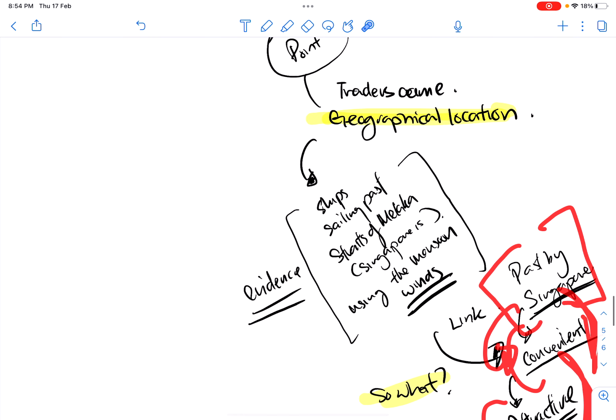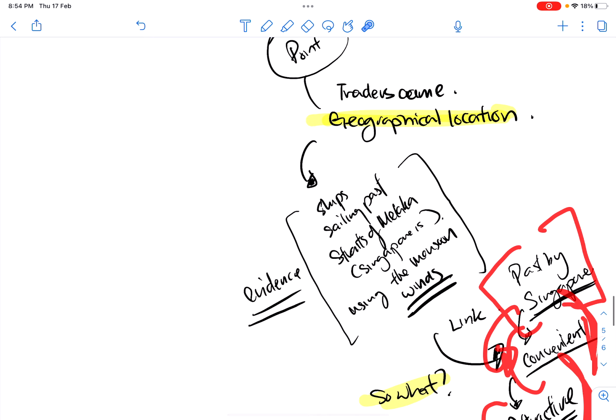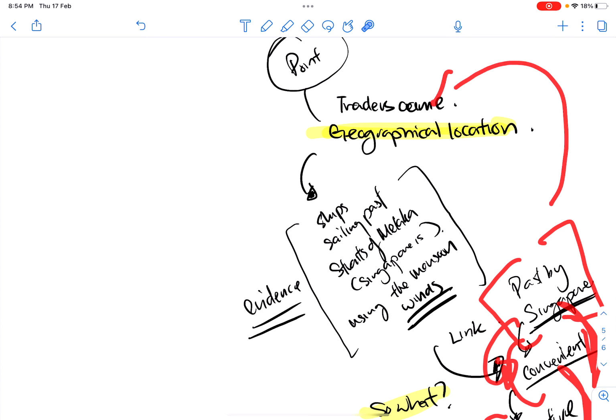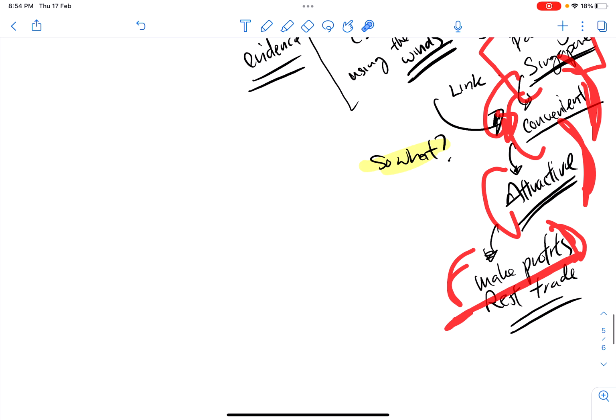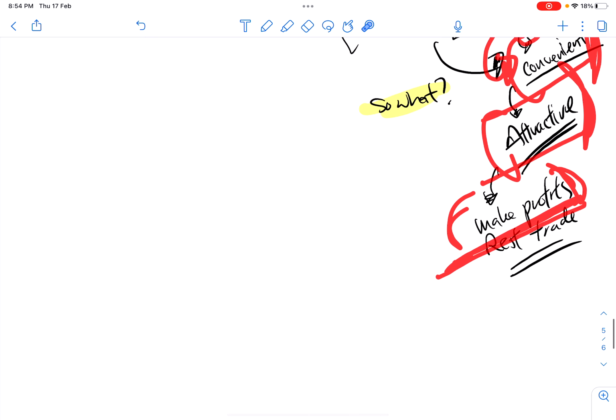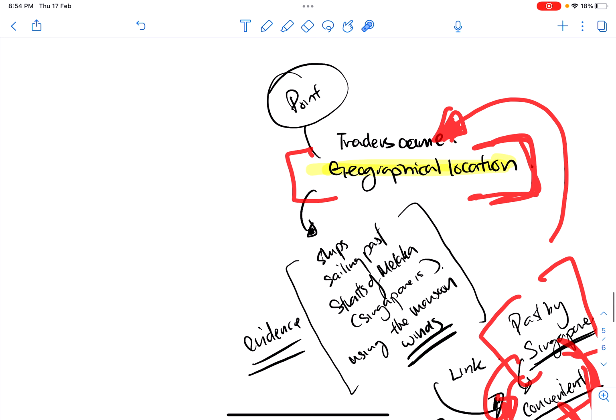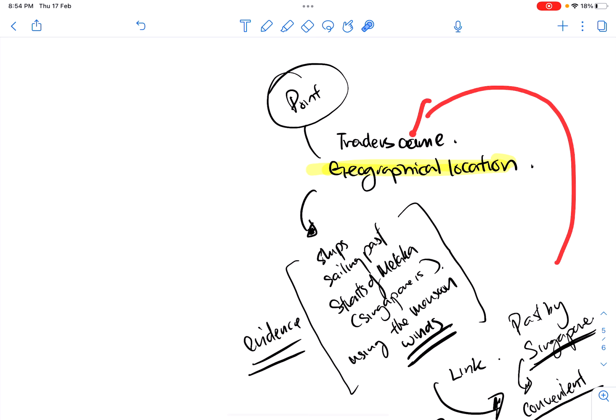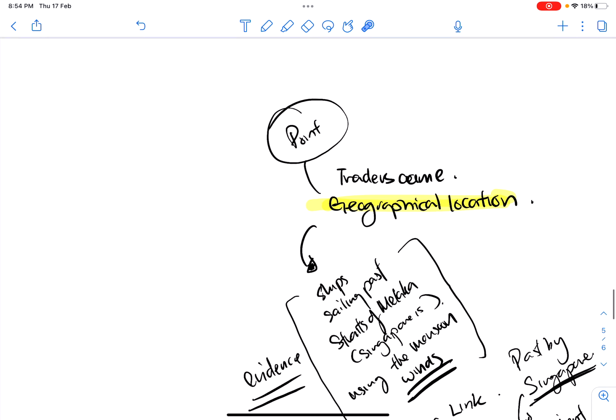And therefore, all these things help to explain why traders came due to Singapore's good location, because the location was convenient, the location was attractive, and the location enabled them to make profits. All right, and therefore, writing all these things, you have successfully linked back to Singapore's good geographical location.